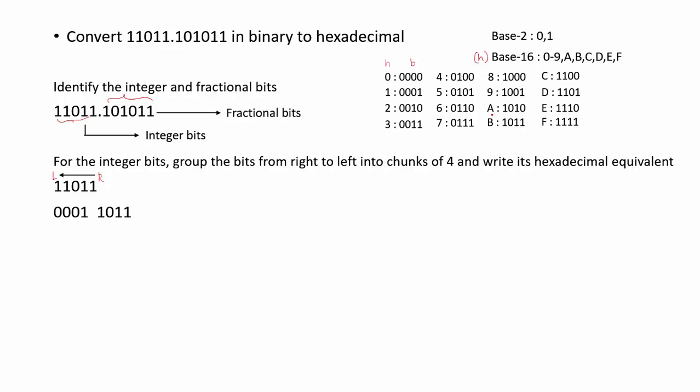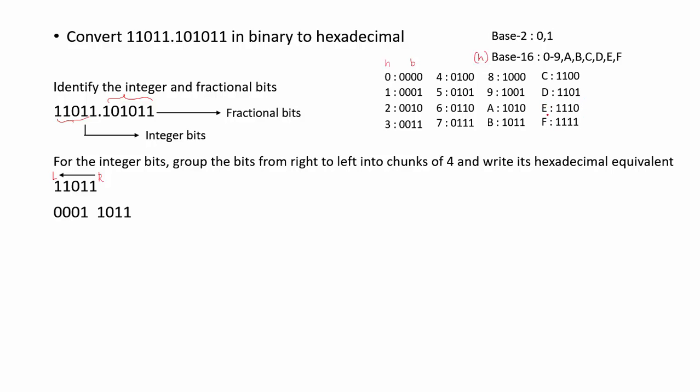1001. 10, that is A in hexadecimal, will be 1010. 11, that is B, will be 1011. 12, which is C, will be 1100. 13, which is D, will be 1101.